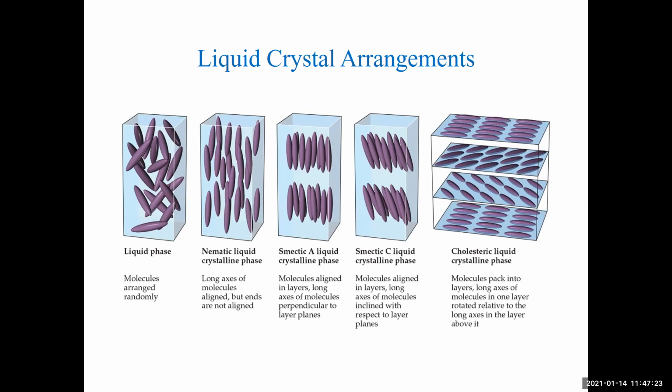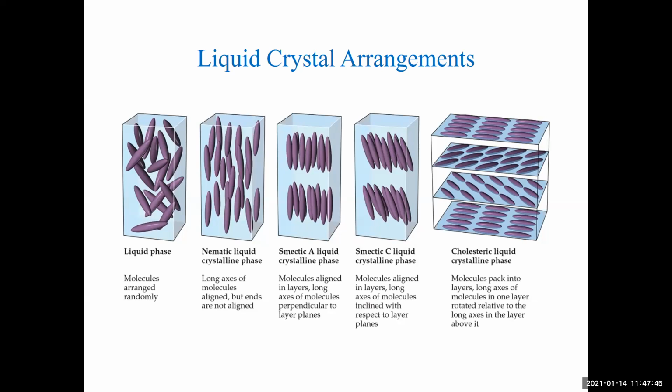No longer do we have this one down here in the liquid that's sideways. They're all up. Now with Smectic A, we keep that vertical alignment, they're all in the same direction, and now we've got layers: a layer here and a layer below, top and bottom.